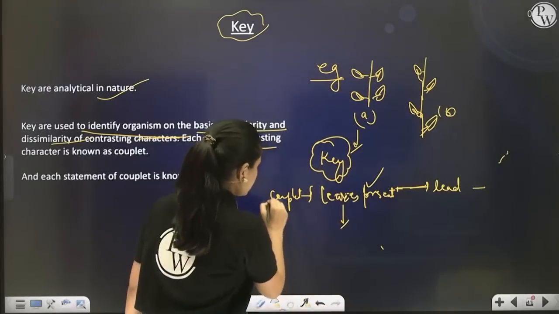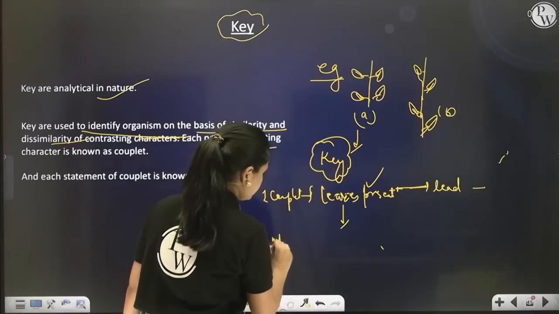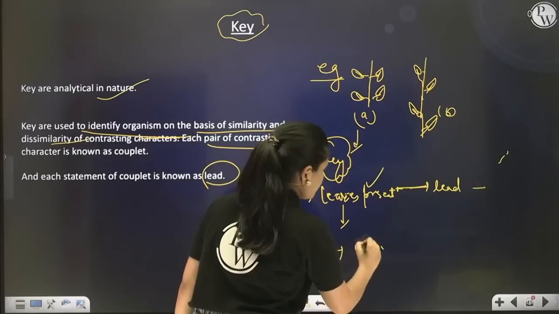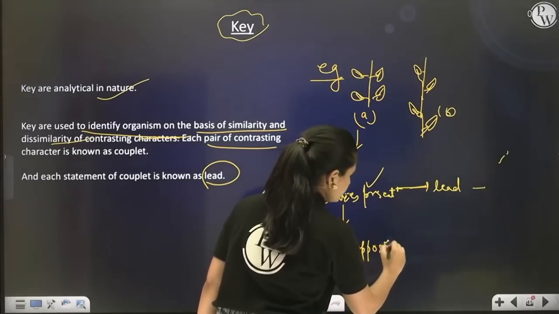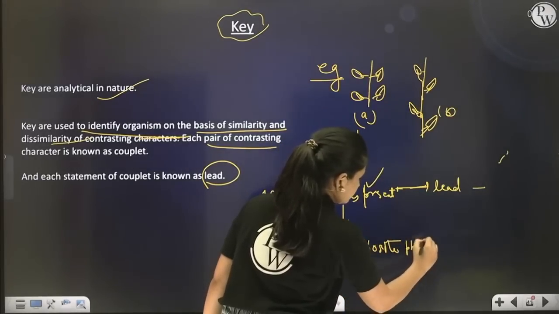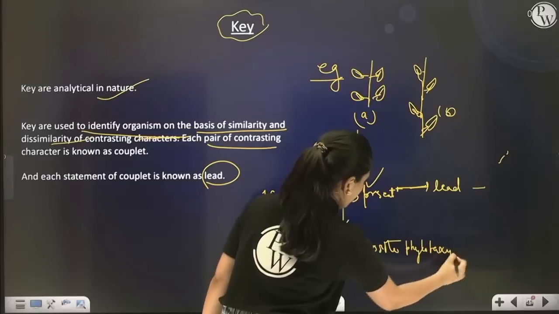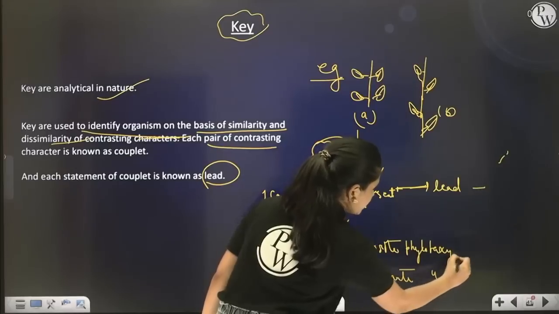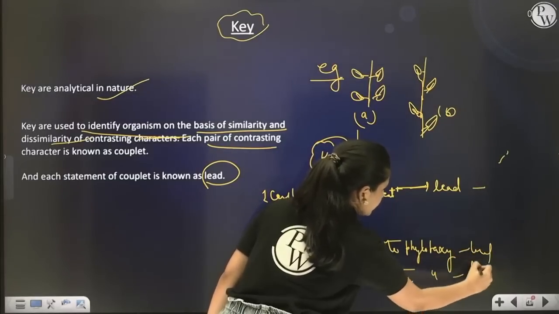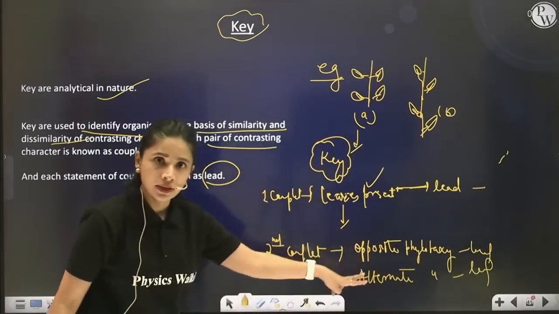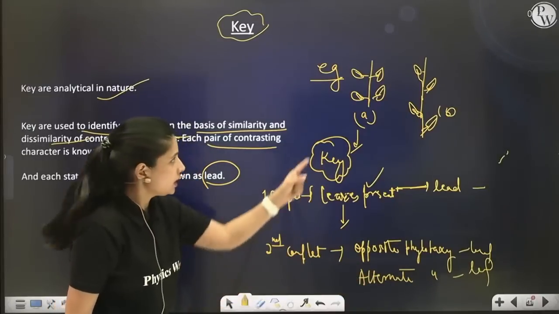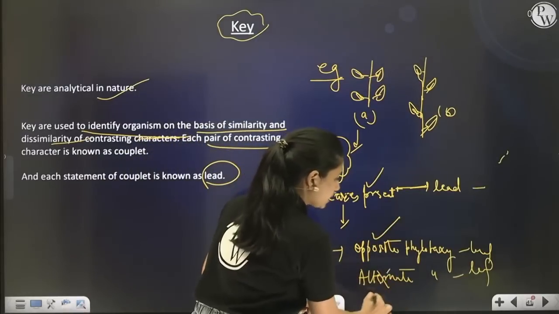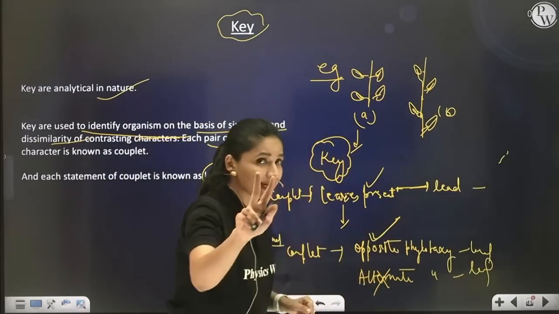After this, the second couplet which I got after choosing that leaves are present is opposite phyllotaxy or alternate phyllotaxy. So choose one. This is also a lead, this is also a lead. See, contrasting character, couplet. According to my specimen, which one is correct? Opposite phyllotaxy. So this lead got cancelled, this I selected.